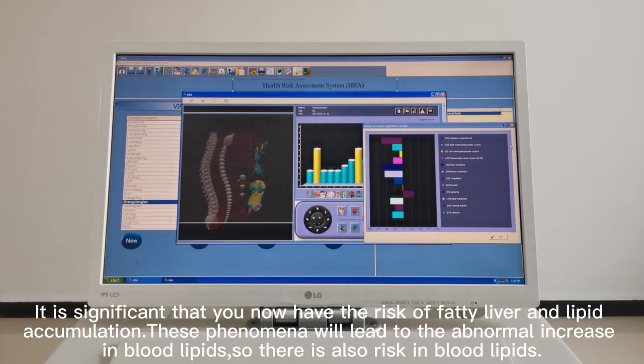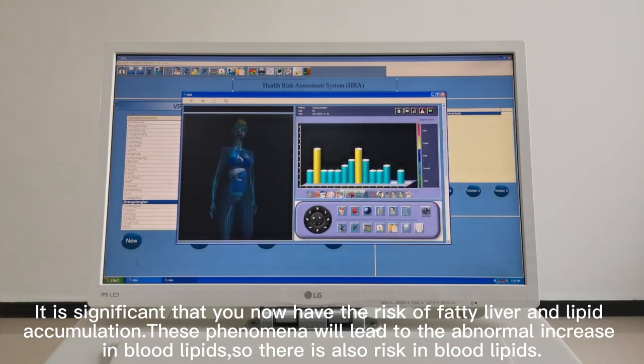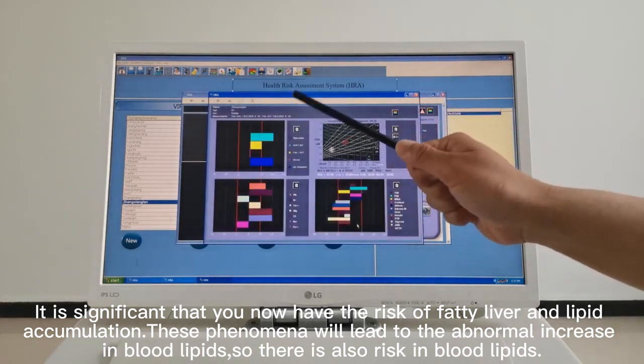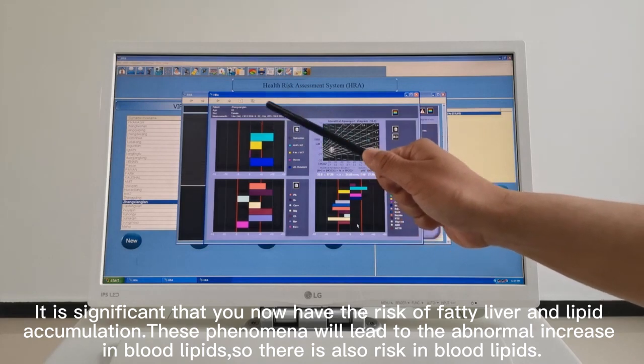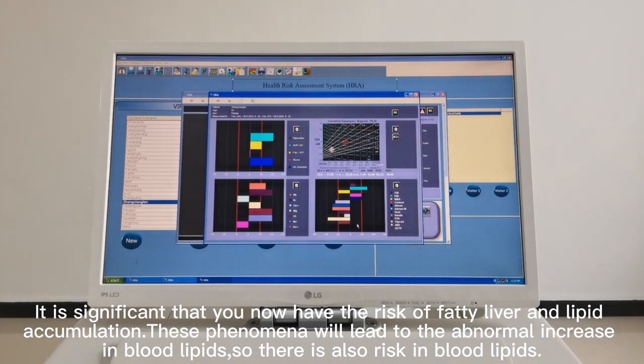Given these conditions, it is significant that you now have the risk of fatty liver and lipid accumulation. This phenomenon will lead to the abnormal increase in blood lipid. So this is also a risk in blood lipid.